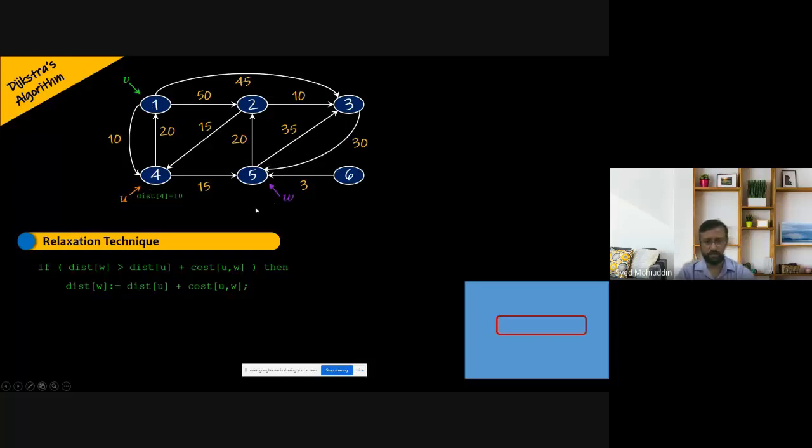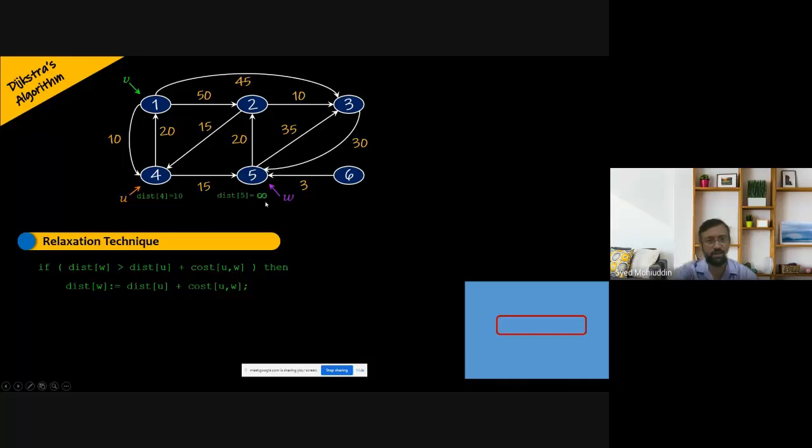Then let us consider vertex 5 as W. Initially, is there a direct path from vertex 1 to vertex 5? No. So the distance of W, which is 5, from the source vertex V, there is no direct path, so it will be infinity.